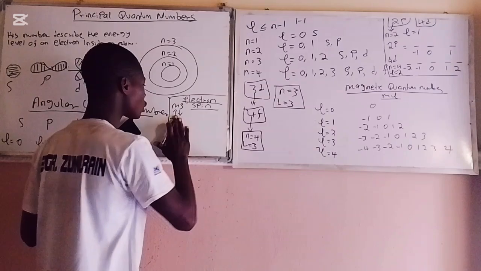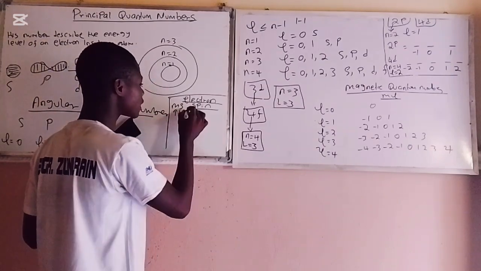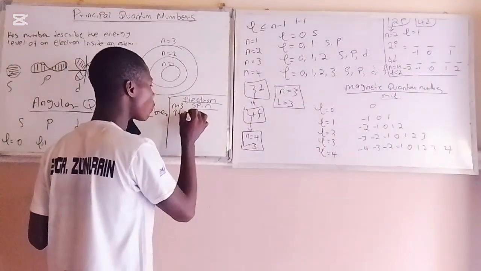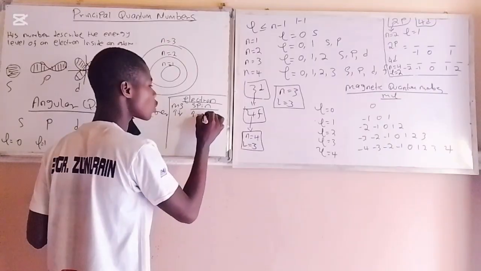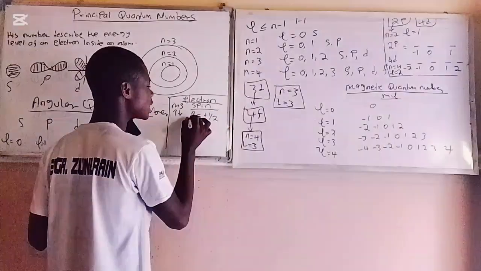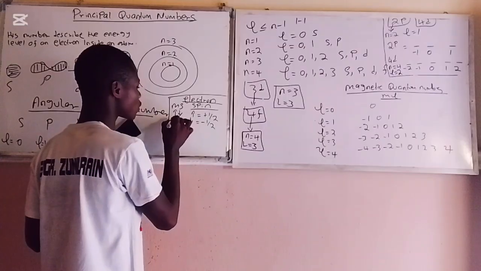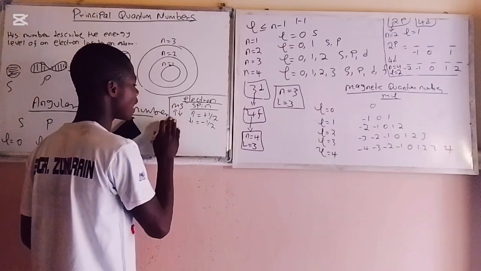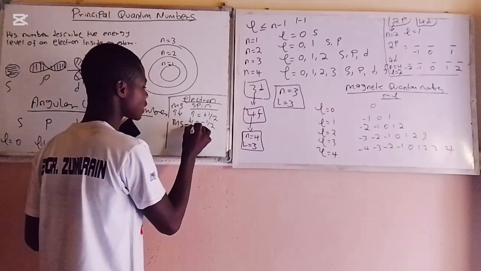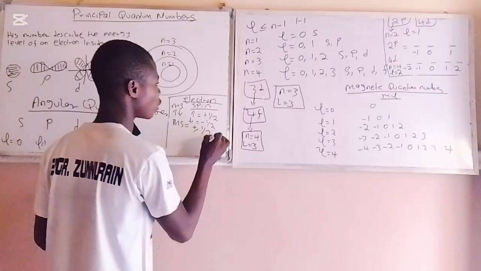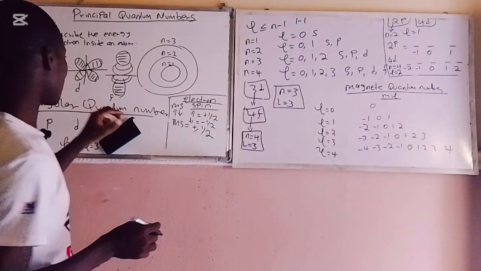This up and down is indicating plus or minus. When it is up, it is equal to plus a half. When it is down, it is the same thing as negative a half. So therefore ms is plus or minus a half. Let me give you an example.